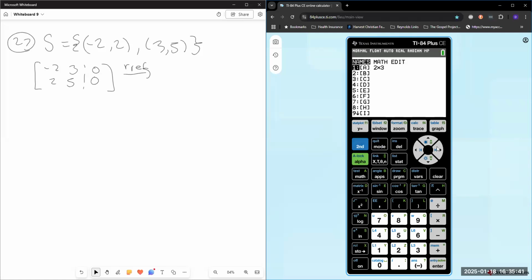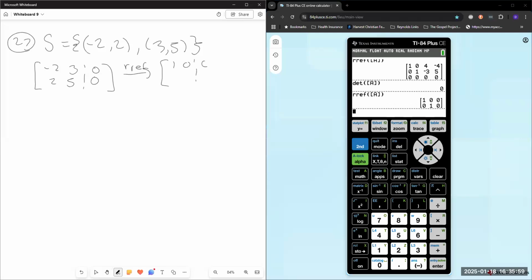I want second matrix math, RREF, second matrix A, and we get that they are linearly independent. The vectors in S are linearly independent. Just write IND for independent, DEP for dependent.